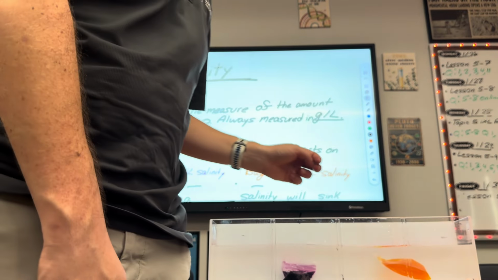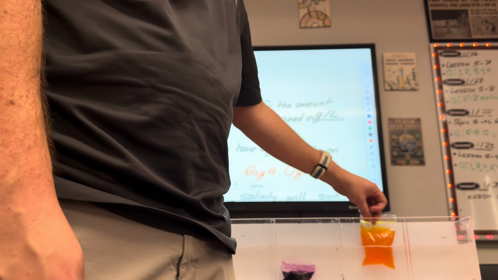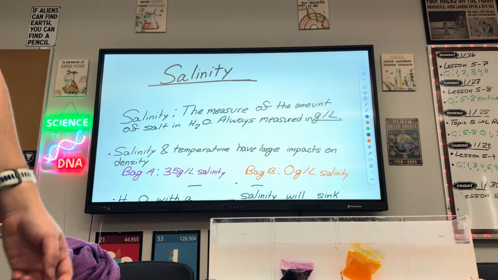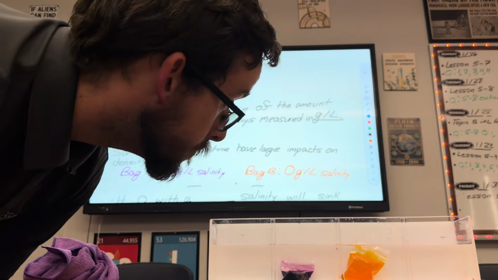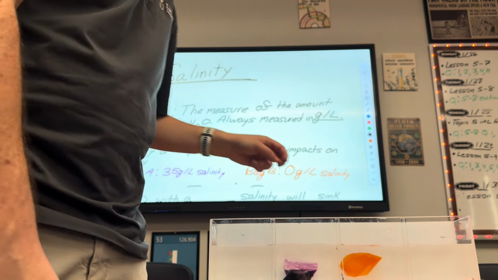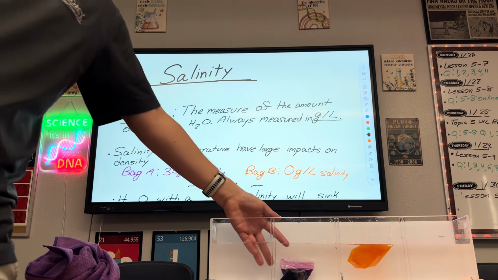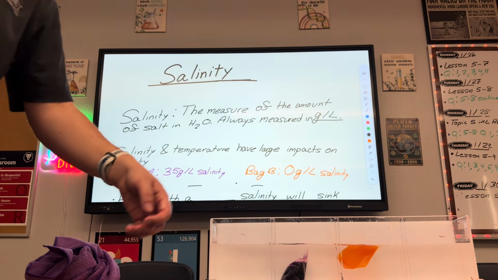This tank is just not big enough to hold that bag, but it's just going to float. There might be some remnants of salt, but it floats. If I did it with this one, it's not going to suddenly float. It's just going to sink.